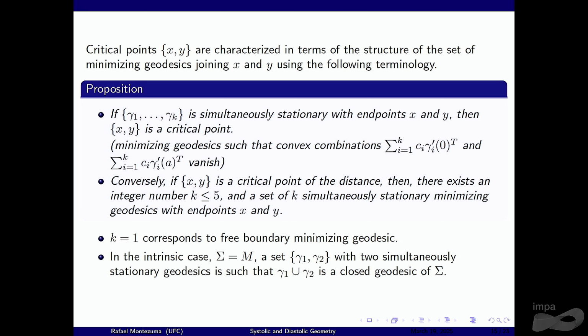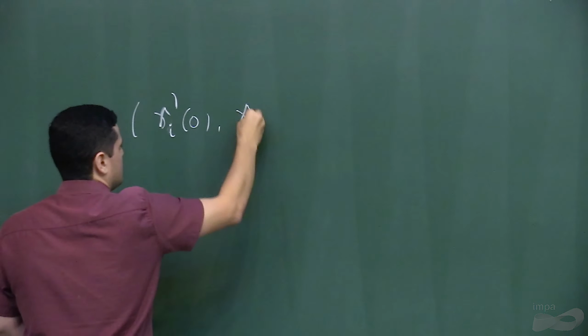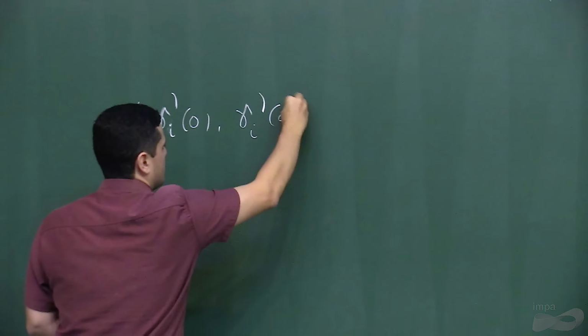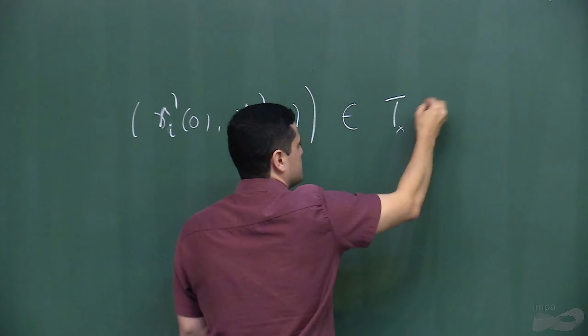And this 5 comes from a theorem of Carathéodory, which says, so here we have, if you look at the pairs, so let me just write, if you just pair, say, gamma I prime 0, gamma I prime A, so this is in this 4-dimensional vector space.